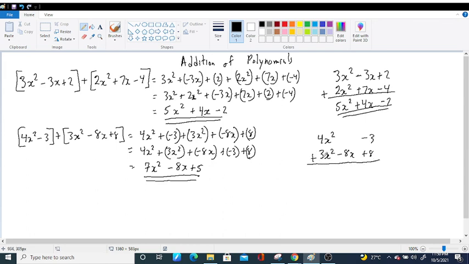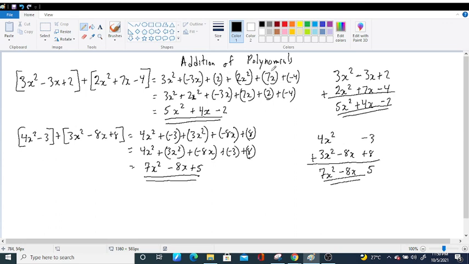And so we will add the terms. Negative 3 plus 8 gives me 5. 0x plus negative 8x is negative 8x. 4x squared plus 3x squared gives me 7x squared. And that's our solution. So we have added them horizontally and vertically.